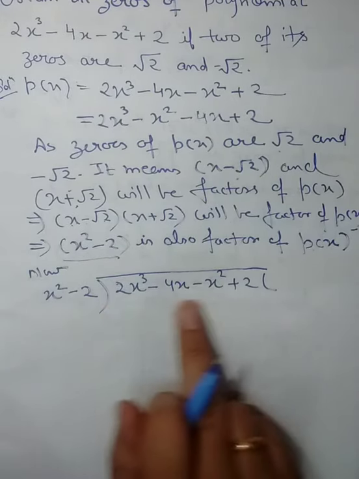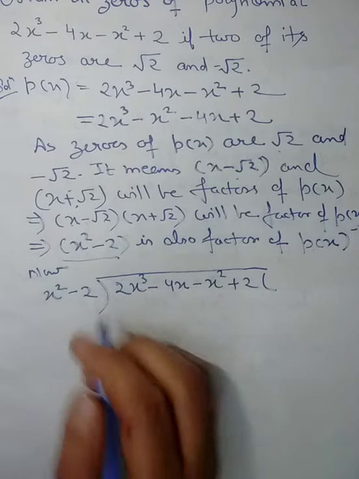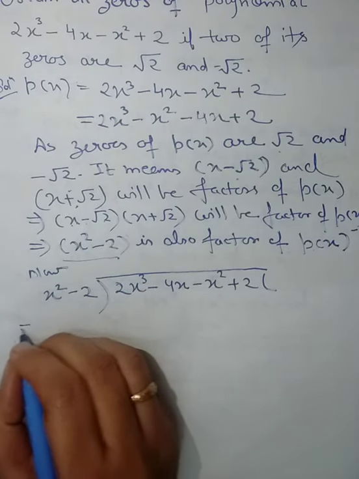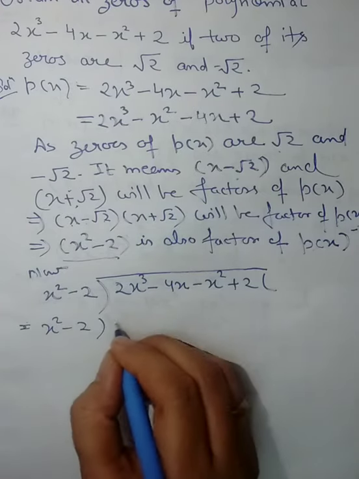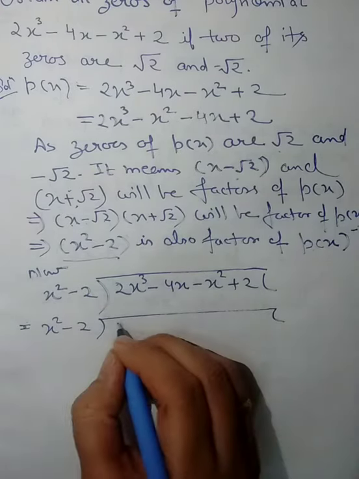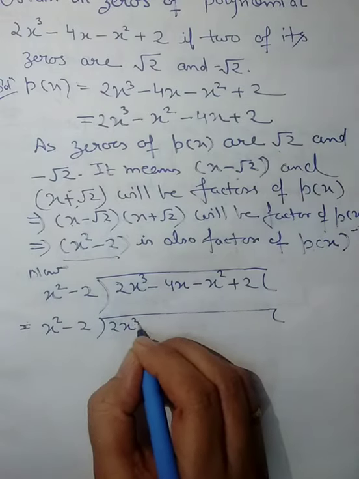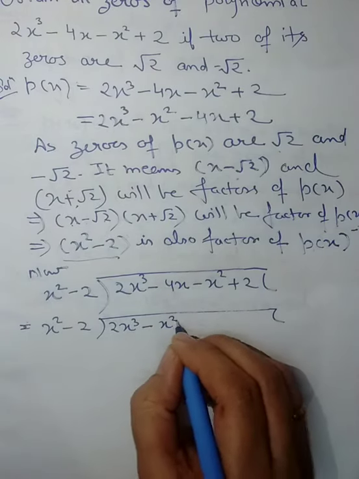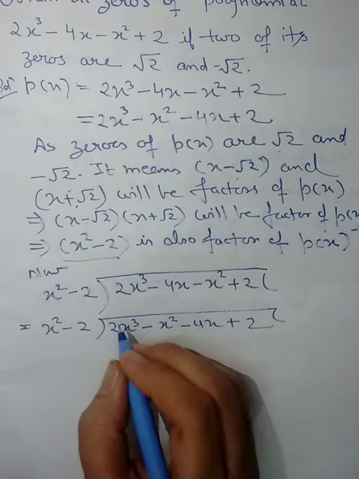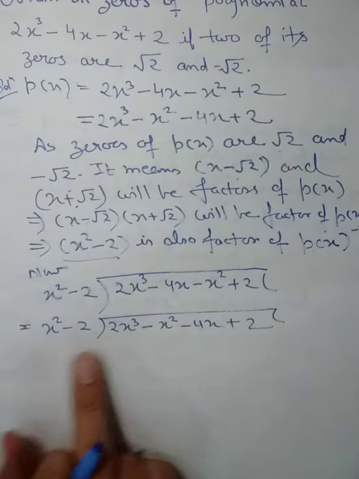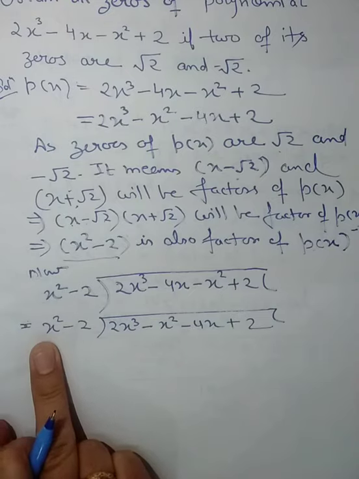Here we have to write its standard form. So for writing standard form, we will take x square minus 2 as divisor. We write the given polynomial in standard form, 2x cube minus x square minus 4x plus 2. Now 2x cube is the highest degree term, and here the highest degree term is x square.